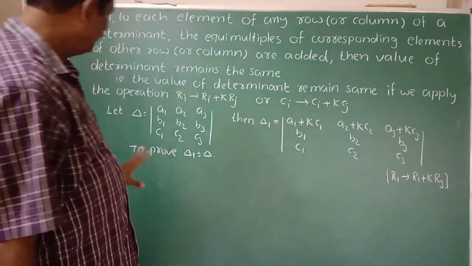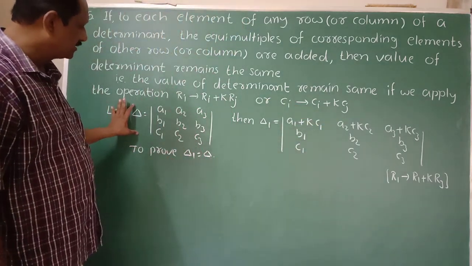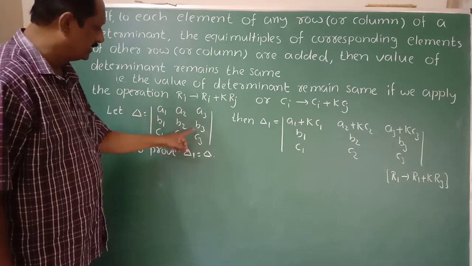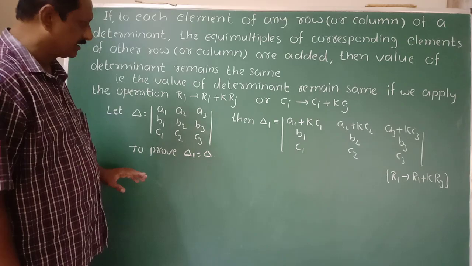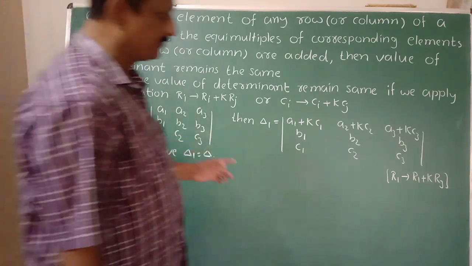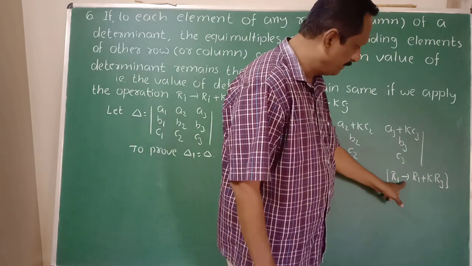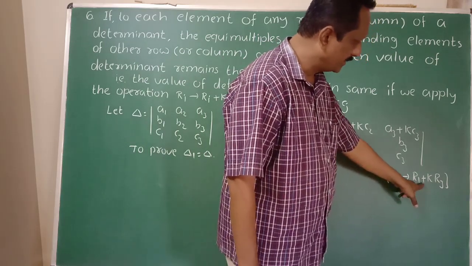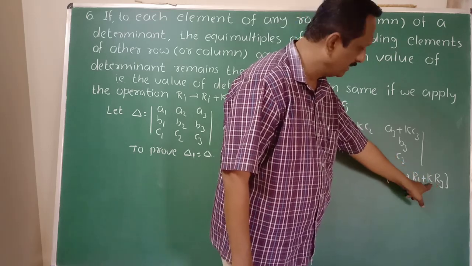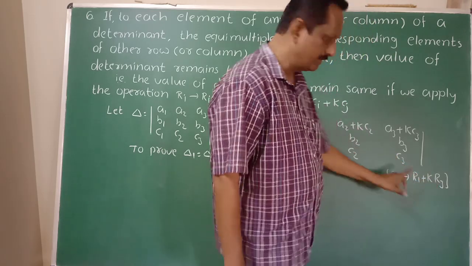Okay, just observe here. Let delta be equal to this determinant: A1, A2, A3, B1, B2, B3, C1, C2, C3. Here delta 1 is the determinant obtained by R1 implies R1 plus k into R3. Multiply the third row by k and add to the first row. The third row is this.